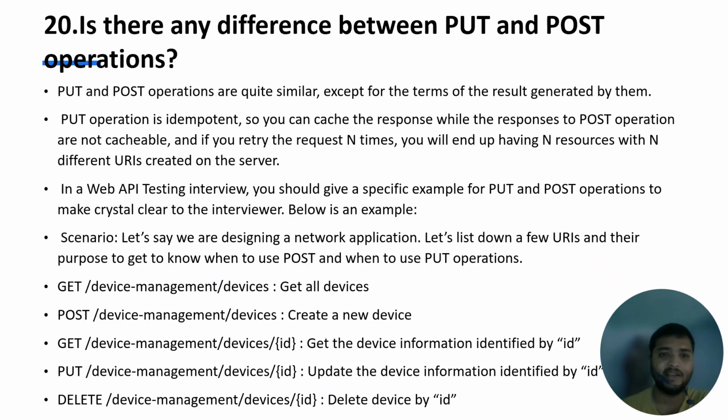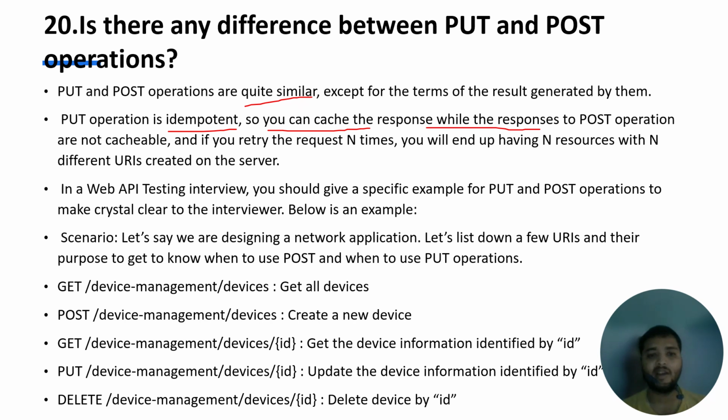Is there any difference between PUT and POST operations? PUT and POST operations are quite similar, except for the result generated by them. A PUT operation is idempotent, so you can cache the response, while the response of a POST operation is not cacheable.